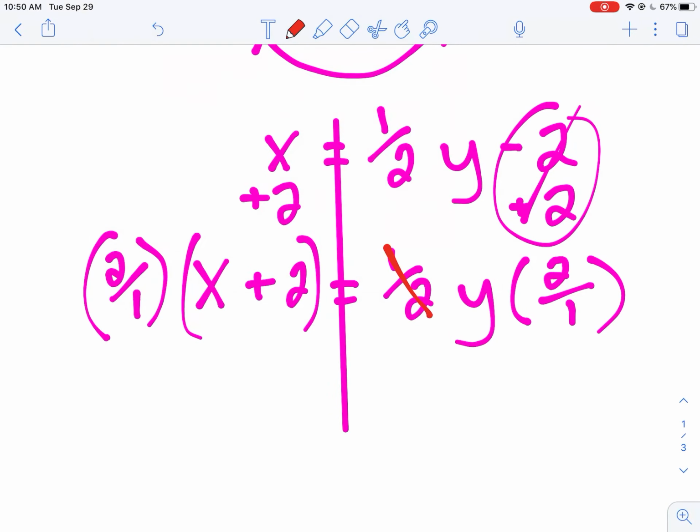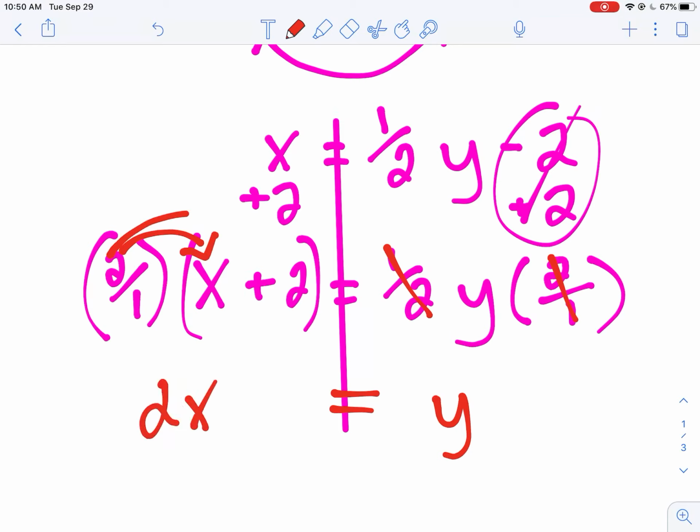These are going to cancel out. I'm just left with y. I like that. Over here, 2 over 1 times x gives me 2x. 2 over 1 times 2 gives me 4. So I get 2x plus 4 equals y. It's in slope-intercept form, which I like. It makes it nice and easy to graph when the time comes and I have to graph it.